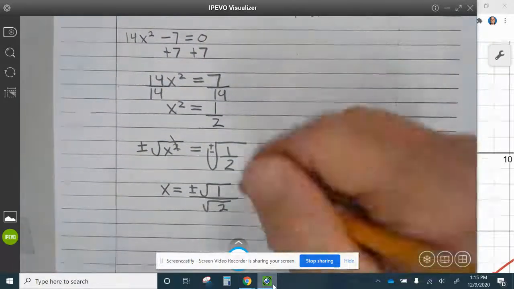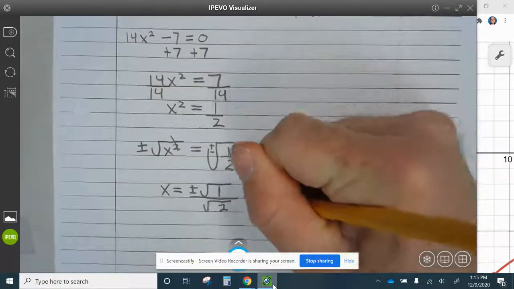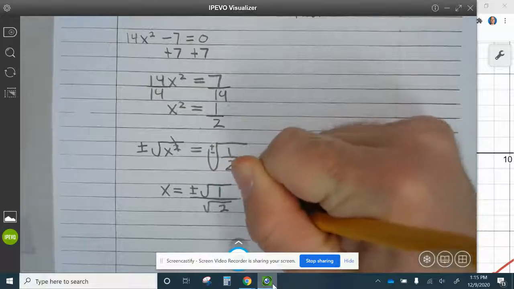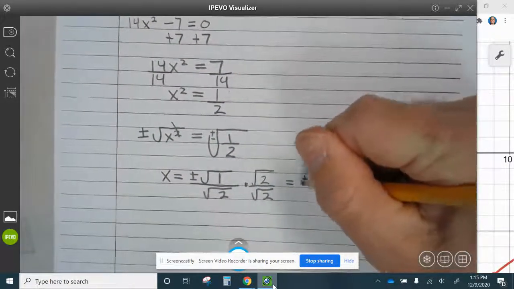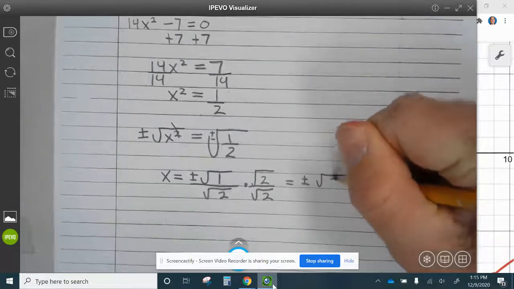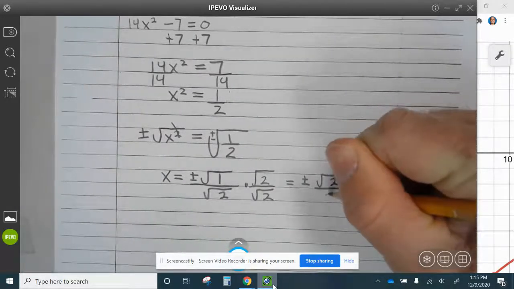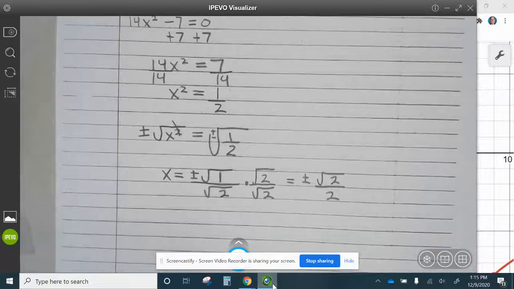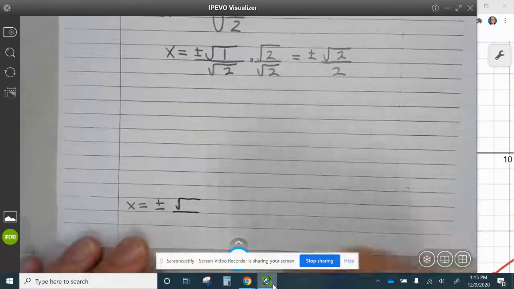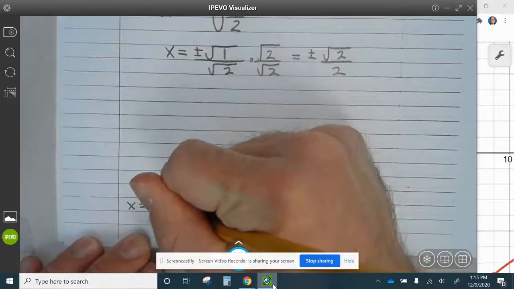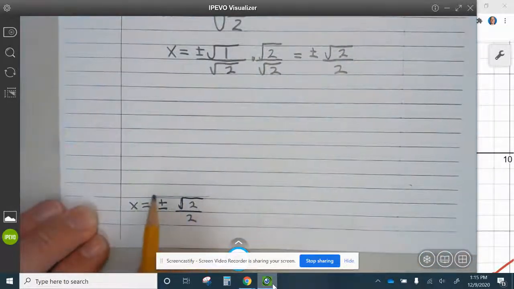Okay? Now we need to multiply by square root of 2 divided by square root of 2. So that equals plus or minus the square root of 2 divided by 2. There's nothing else you can do with that. So we would say x equals plus or minus square root of 2 divided by 2.